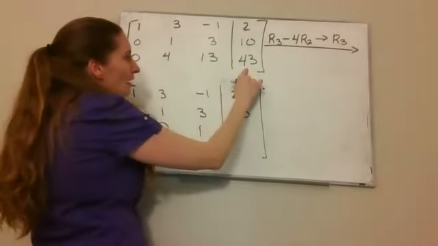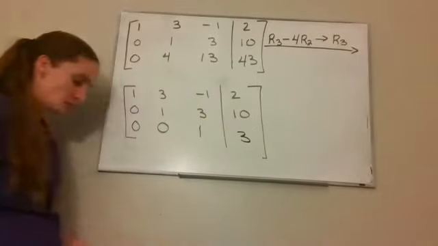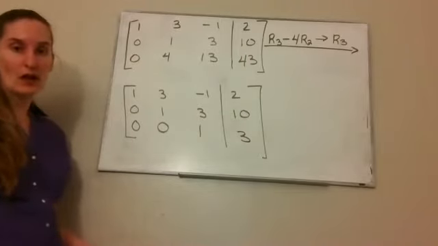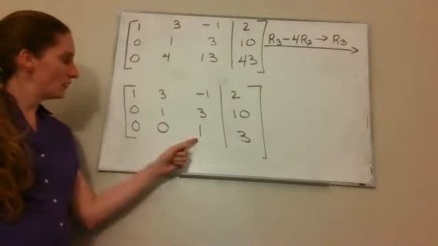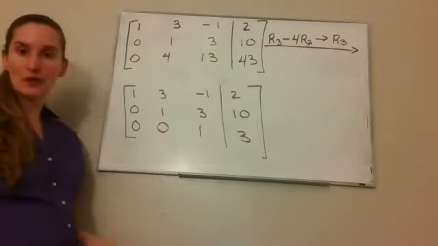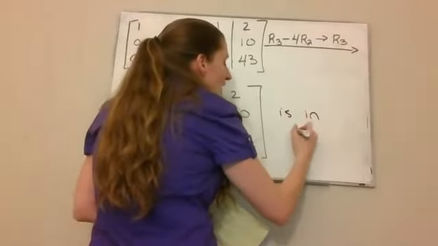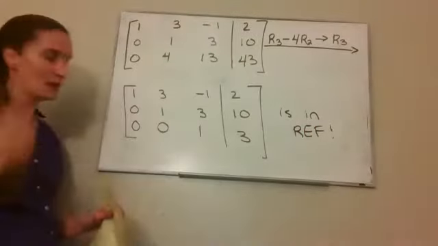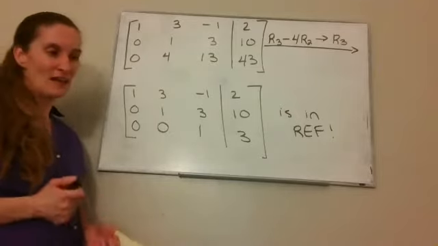And 43 minus 4 times 10, that's 3. So now take a look at our matrix. Is it in row echelon form? I have a leading 1 in each row, and in each row the leading 1 moves further and further to the right. So this is in row echelon form.